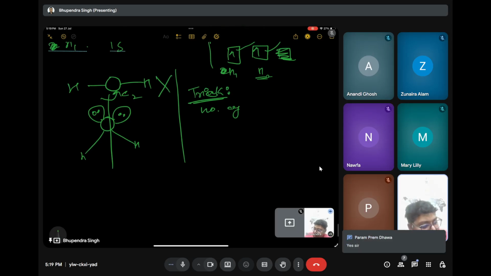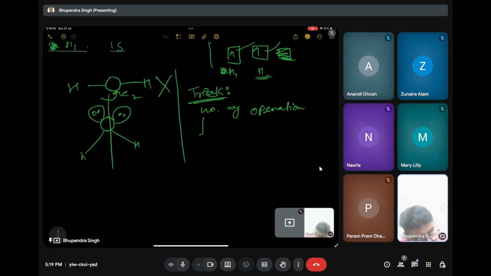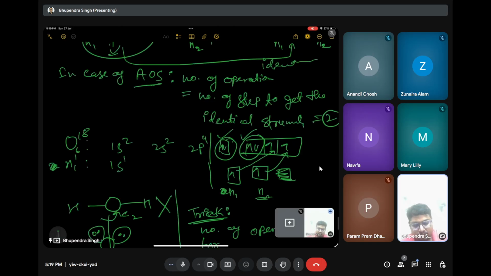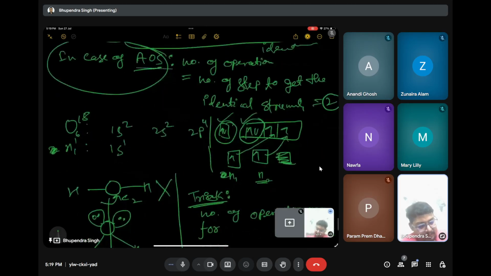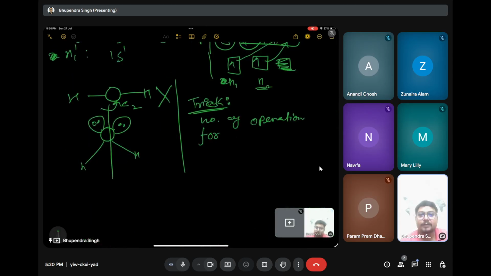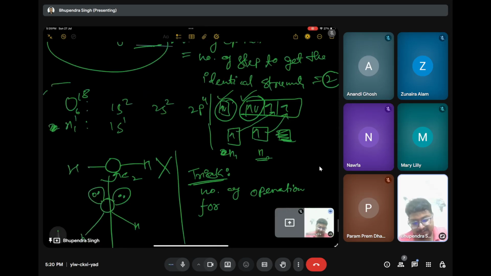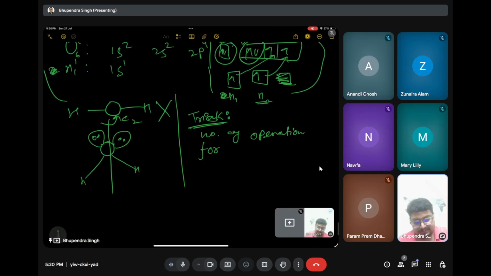Okay, thank you. So, the number of operations for this, we are talking about the axis of symmetry. If you determine the principal axis, so here, why I told you about this again, this and this is wrong, this is correct, this is the C2 axis.